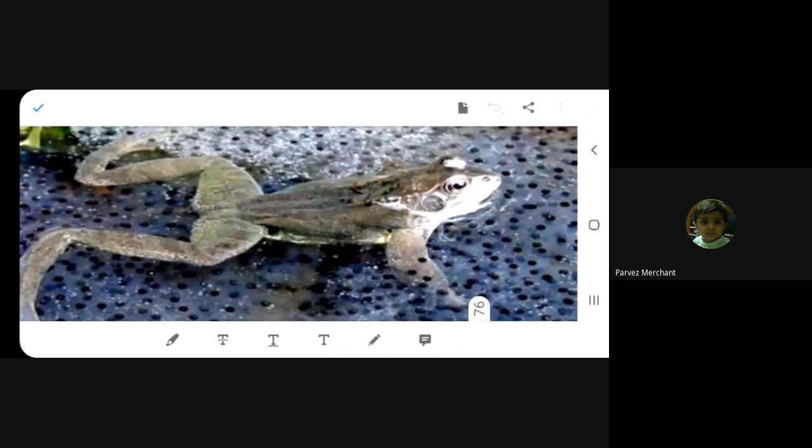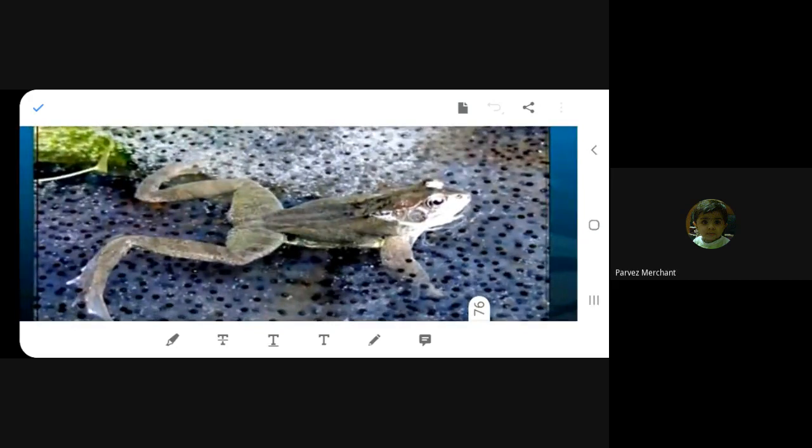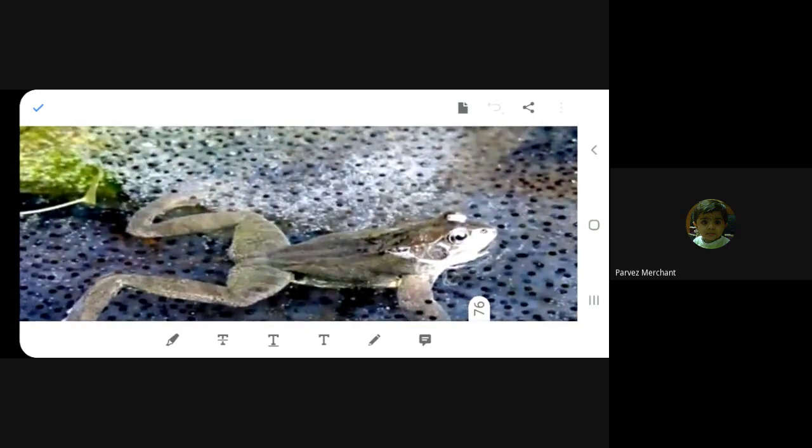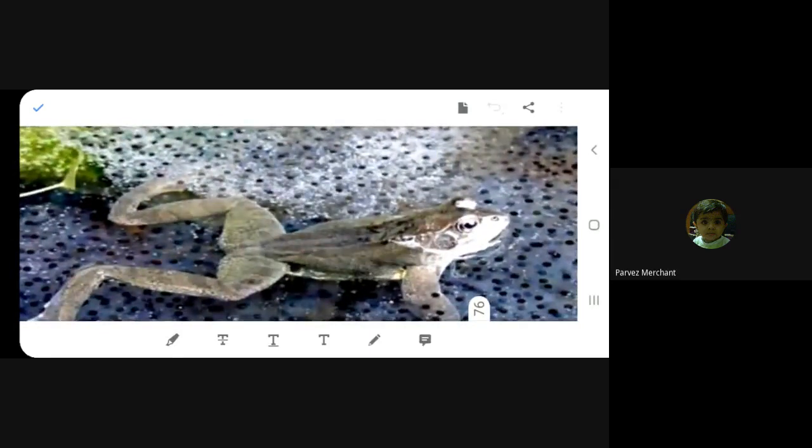Can you say? It is binary fission. So amoeba reproduces by binary fission. So by budding, it is wrong.